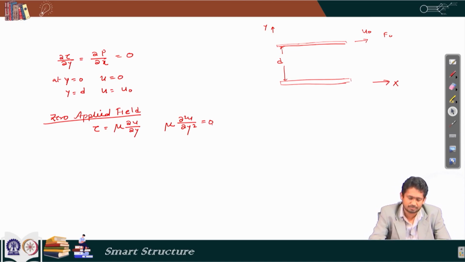So, this equation is solved, and these boundary conditions are satisfied.